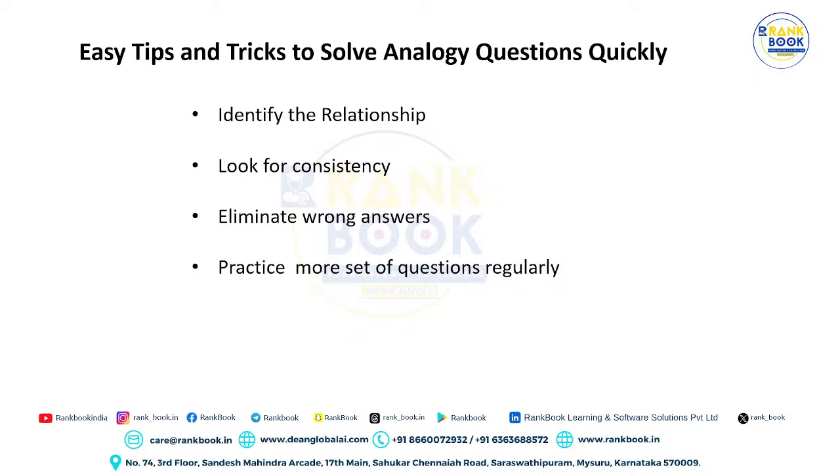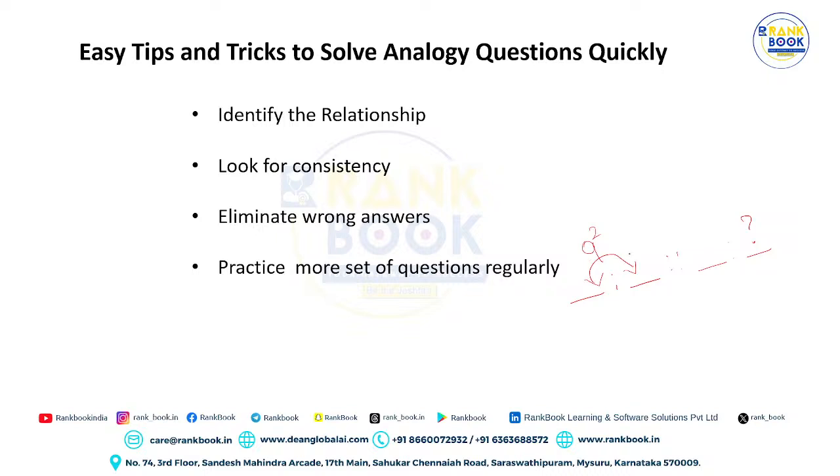So the first thing is to identify the relationship. So if an analogy is given, now let's suppose dash is to dash and the word is here, you are supposed to answer. Now you are supposed to identify what relation these two words or these two numbers are holding. In number analogy, sometimes you have squares, and in word analogies you have synonyms or antonyms.